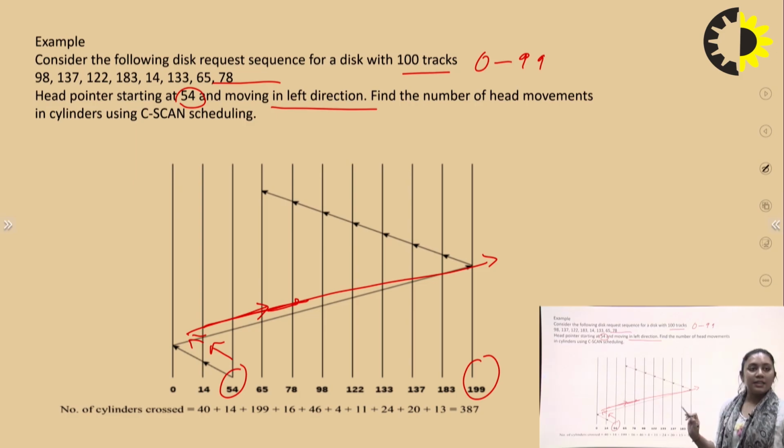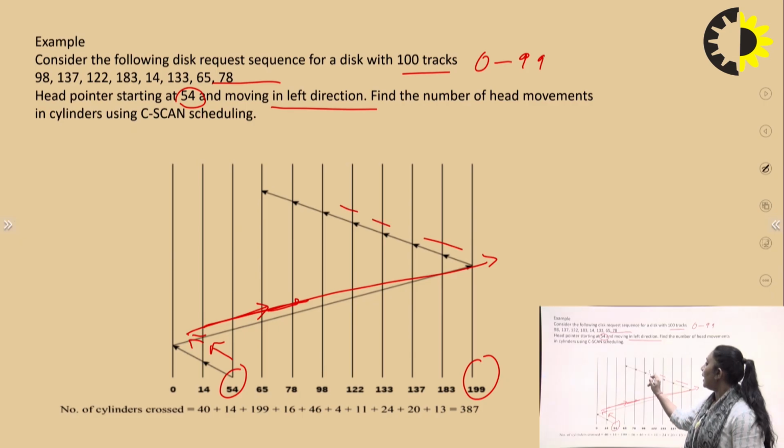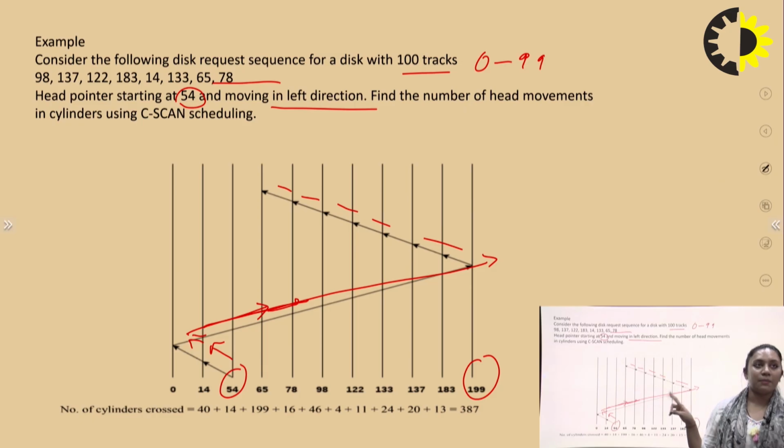The range is 199 or 99, and then we need to cover all the elements present in the graph. The number of disk head movements can be calculated by subtracting the adjacent elements and adding them all up.